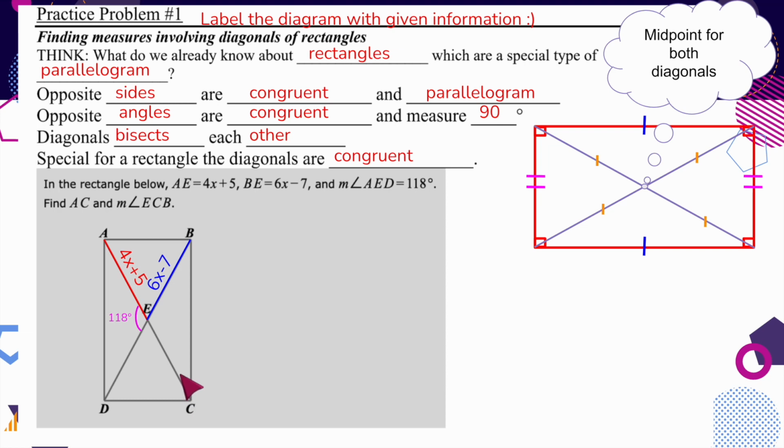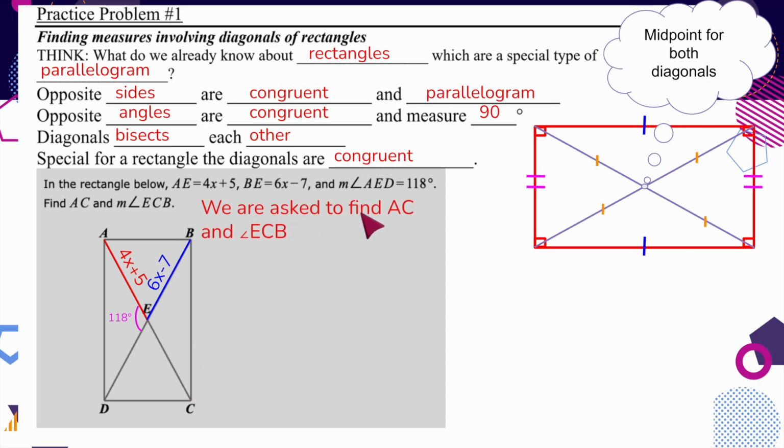All right, so we're going to think about what we know. We're asked to find AC and ECB. Make sure you understand what you are being asked to find. So what do we know about AC? Well, I know that half of it, remember this is a midpoint for a parallelogram in general, not just a rectangle, is 4x plus 5.